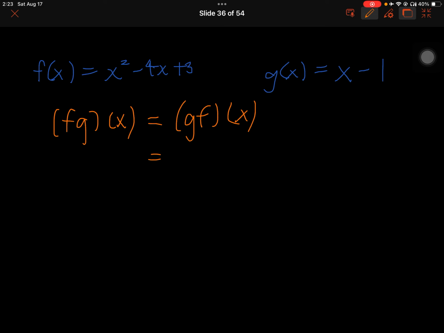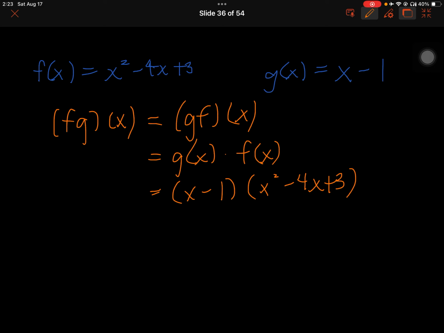So this is also equal to g of x times f of x, which is equal to x minus 1, x squared minus 4x plus 3. Okay, we just substituted the functions to our equation.